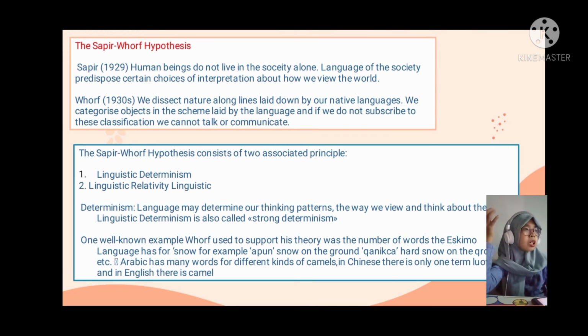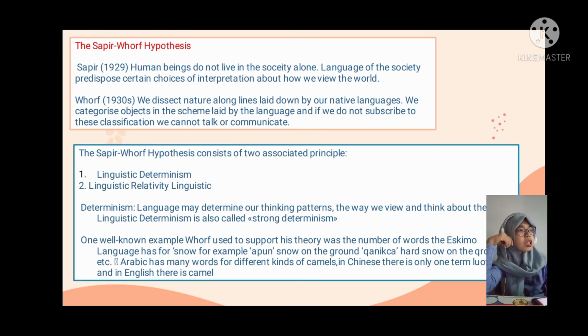Sapir stated in 1929 that human beings do not live in society alone, and the language of the society presupposes certain choices of interpretation about how we view the world. And Whorf, in the 1930s, also said that we dissect nature along the lines laid down by our native language.